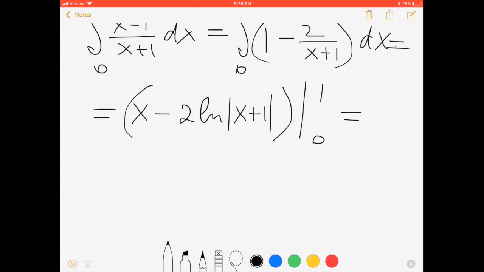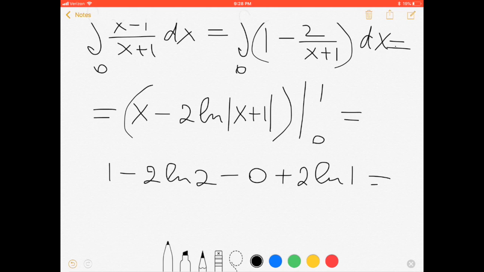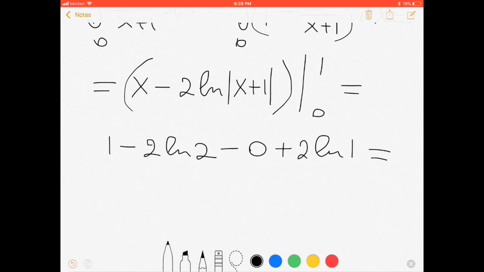Counting, we have 1 minus twice natural log 2. If you plug in 0, we have minus 0 plus 2 natural log 1, which is 0. Finally, I have 1 minus 2 natural log 2.